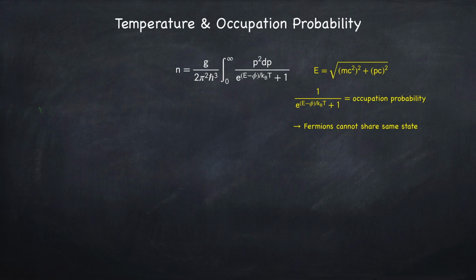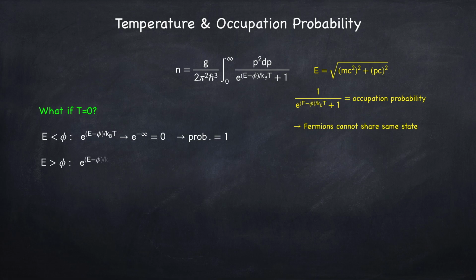Now, what happens to this occupation probability if the temperature is 0? Well, if the energy is less than the chemical potential, then the exponent will be negative, and if T equals 0, it will be negative infinity, and e to the negative infinity is 0. So the occupation probability will go to 1, meaning that energy state has a 100% probability of being occupied.